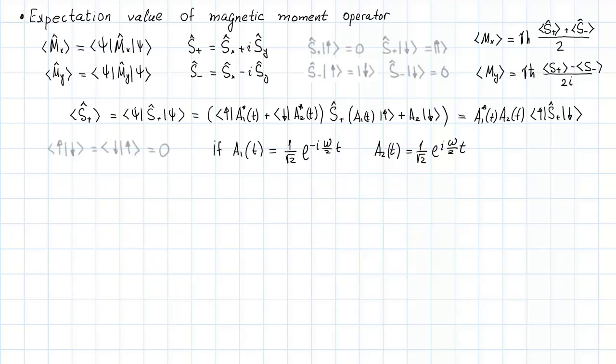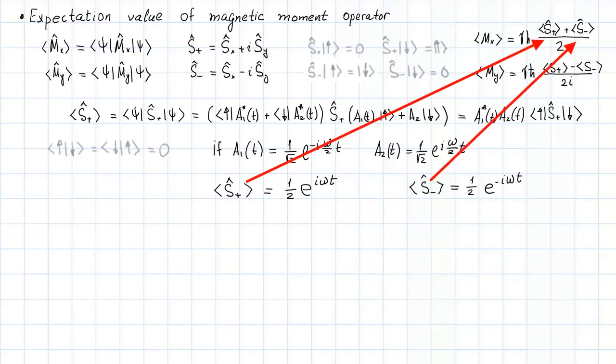Now, inserting A1 and A2 into this expression and taking into account that the expression in brackets is equal to 1, we obtain the S plus expectation value equal to 1/2 e to the power of i omega t, and the S minus expectation value equal to 1/2 e to the power of minus i omega t. Now, inserting the expectation values of S plus and S minus into this formula, we obtain the expectation values for mx and my.